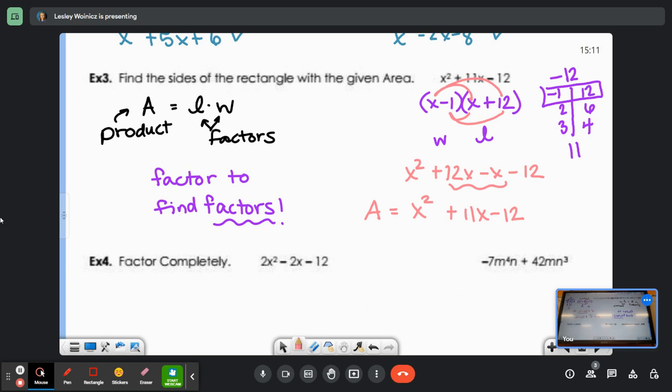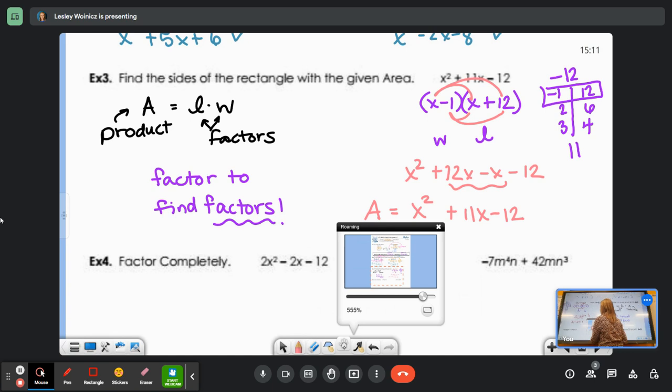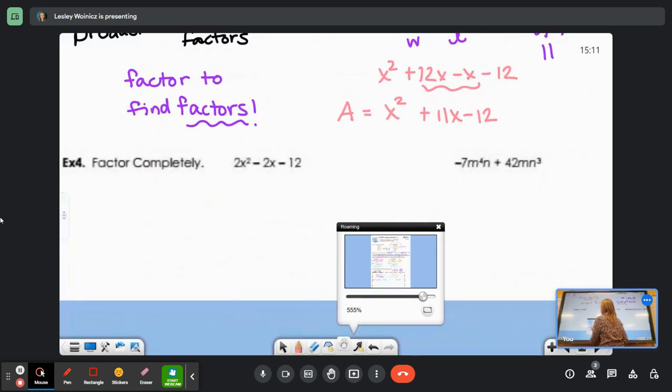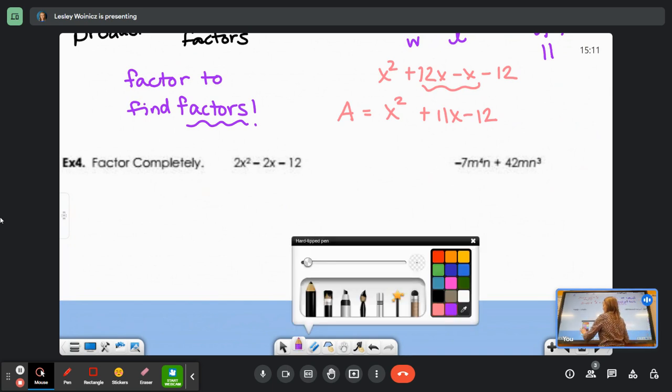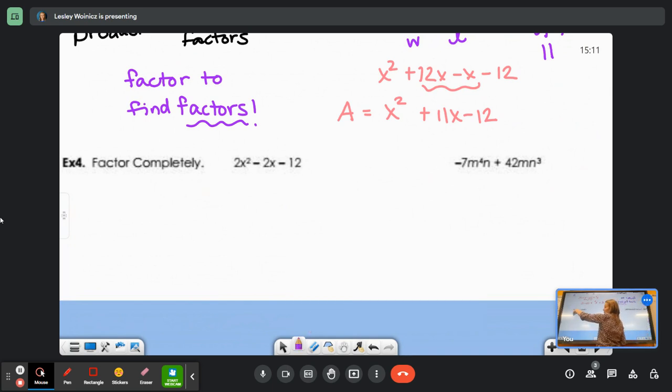Okay, what kind of factoring did we learn how to do last week? Yeah, where you can find a GCF and divide it out. So last week we did ones like this, right? We factored out, we got our parentheses ready. We found a GCF like -7. What power of m can I take out? 1.